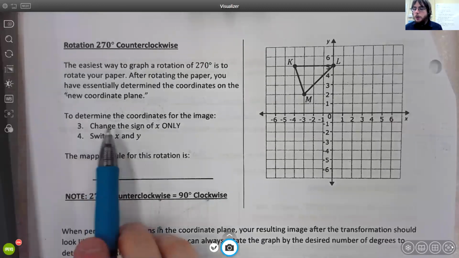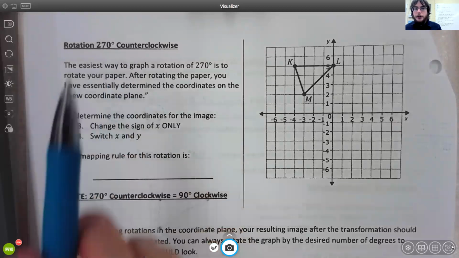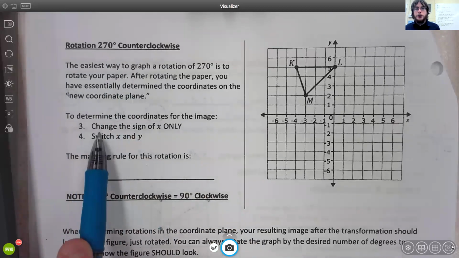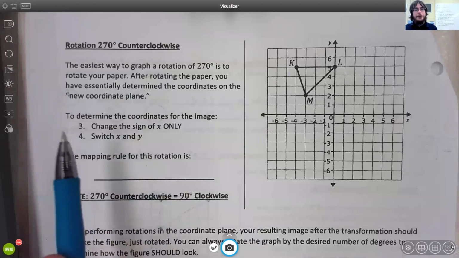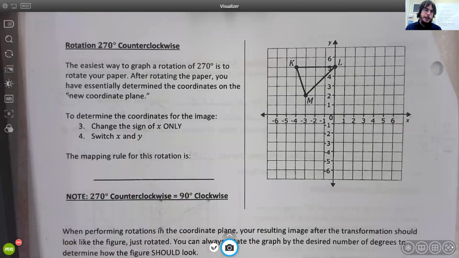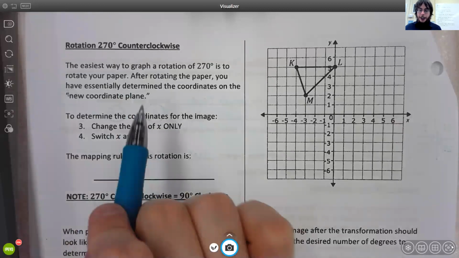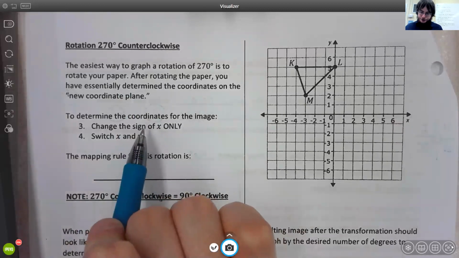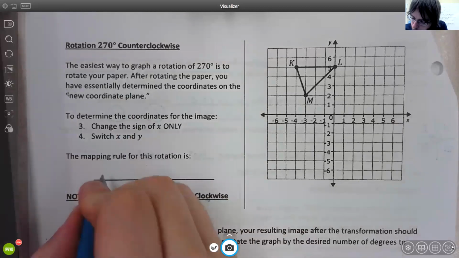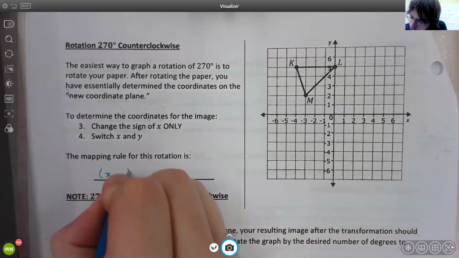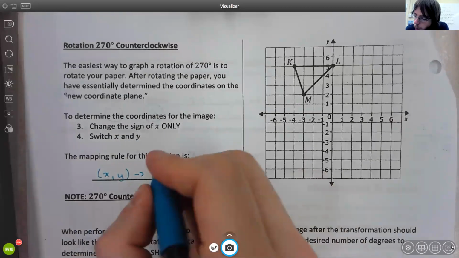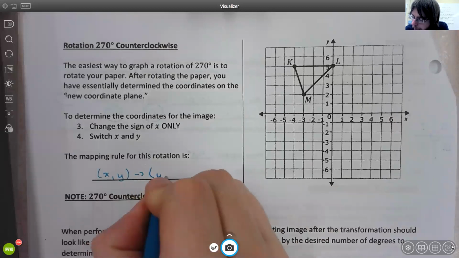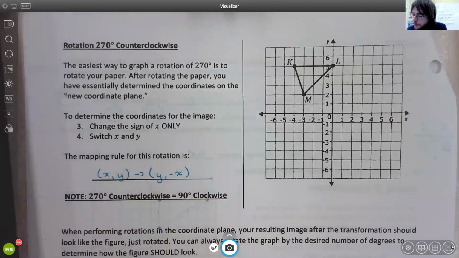So to determine the coordinates for the image for a 270-degree rotation, first we change the sign of X only, and then we switch X and Y. So just like the 90-degree, except we change the other coordinate. So your X comma Y, you change the sign on X, so it becomes -X, and then you switch X and Y. So this becomes Y comma -X.